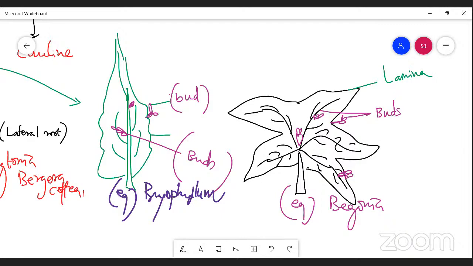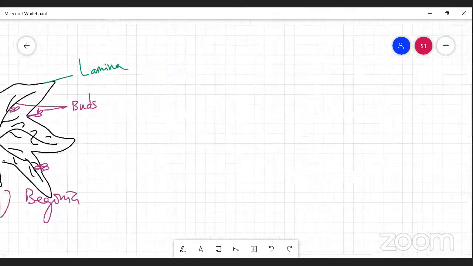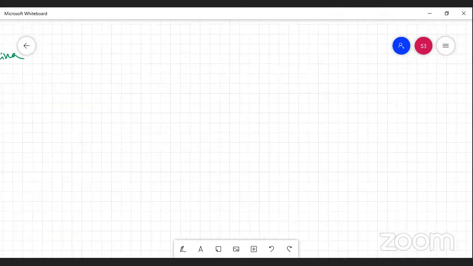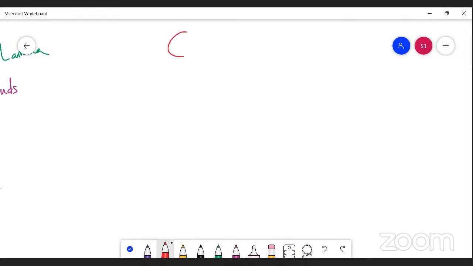Next category, that is cauline buds. A cauline bud is a type of bud that arises directly from the shoot system or stem.